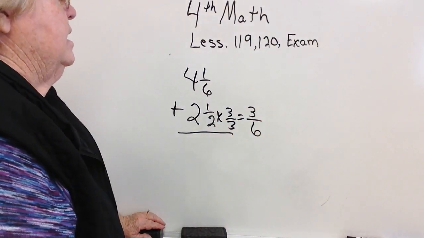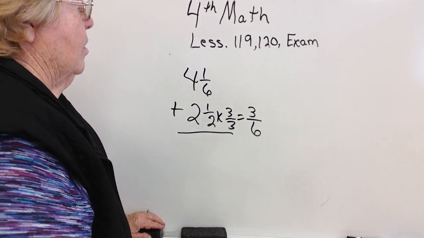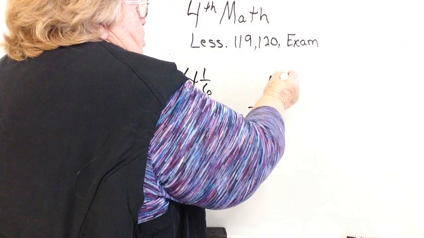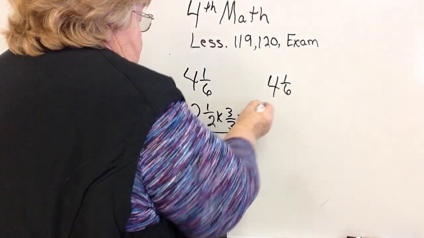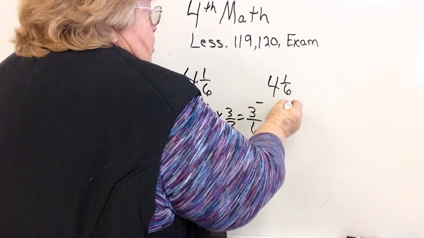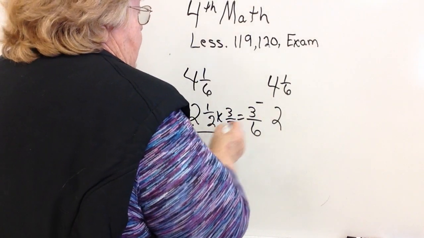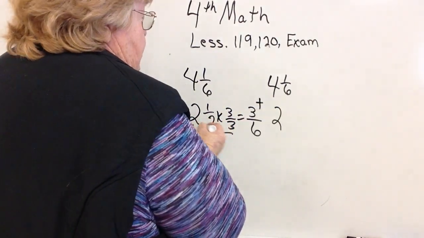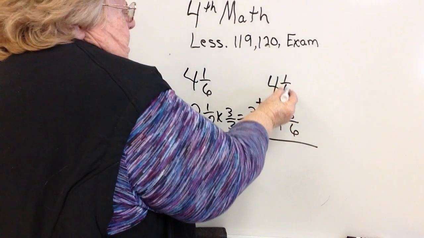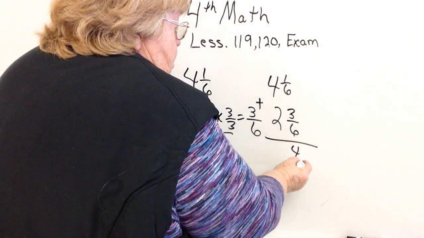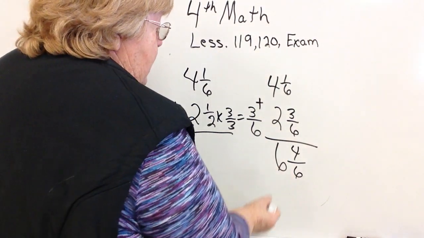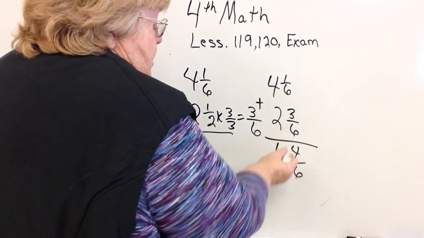So now we can either rewrite our problem or just scoot over to the side a little bit and say 4 1/6 plus, don't forget your whole number, 2 3/6, and we get 1/6 plus 3/6 is 4/6. 4 plus 2 equals 6. But we have to reduce this one.